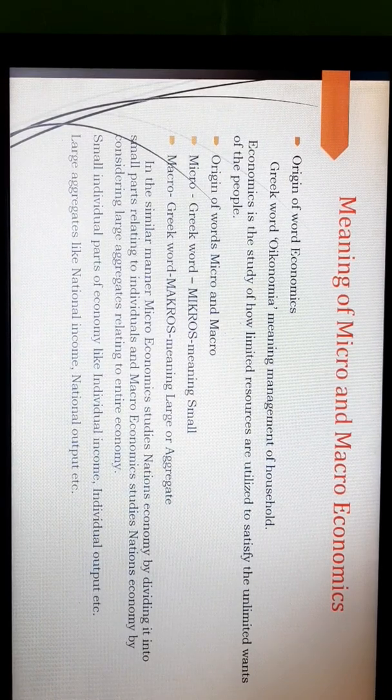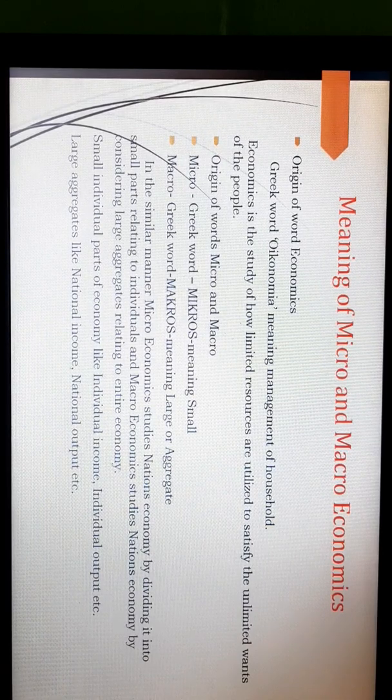Okay, so what this all small parts or individuals are, or else large aggregates are? So small individual parts of economy are nothing but individual income, individual output, etc. And large aggregates are nothing but national income, national output, etc.